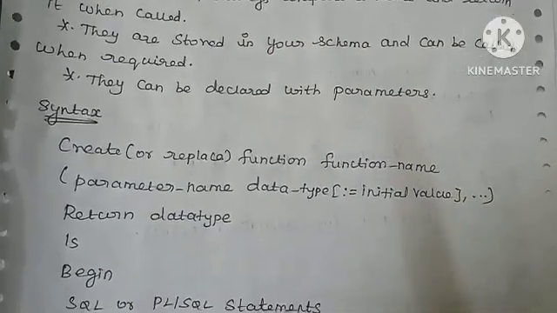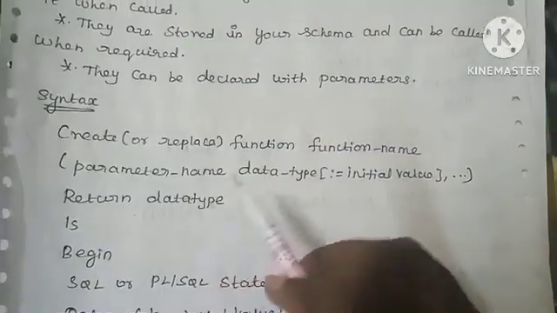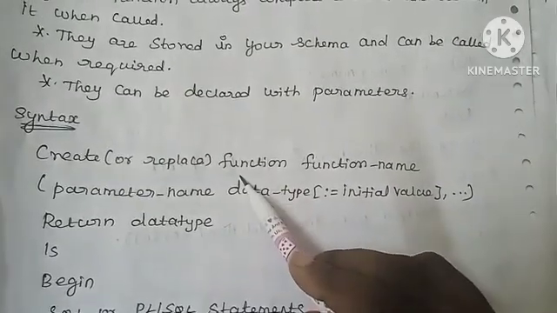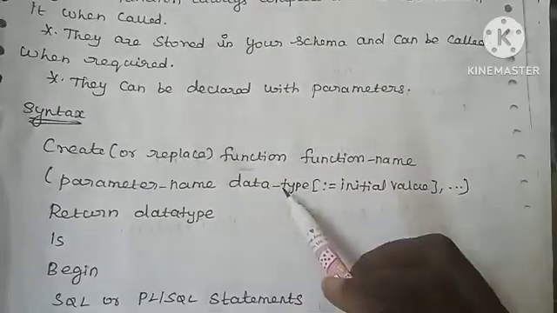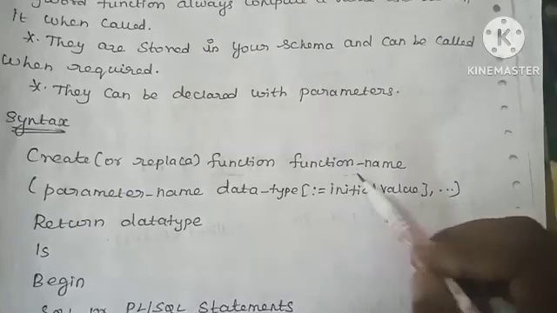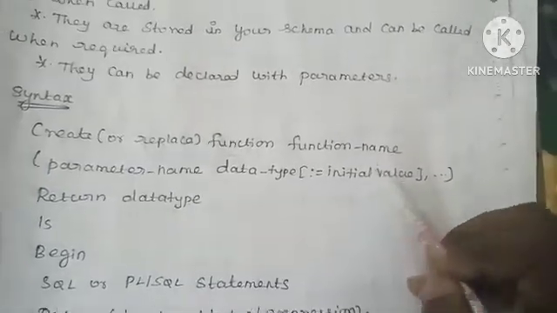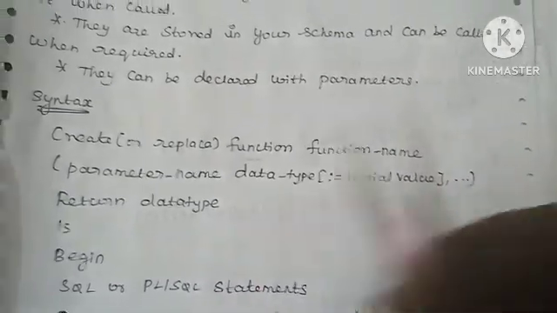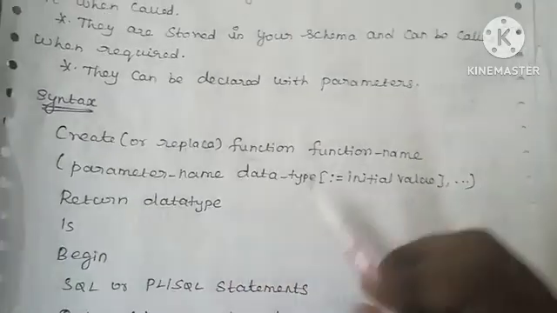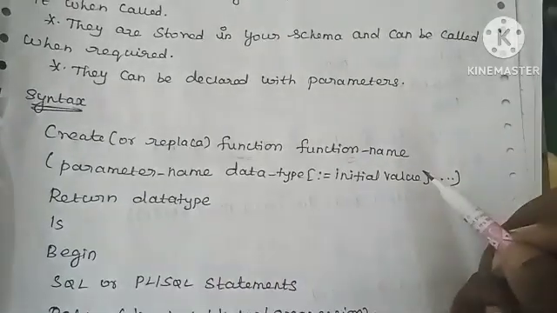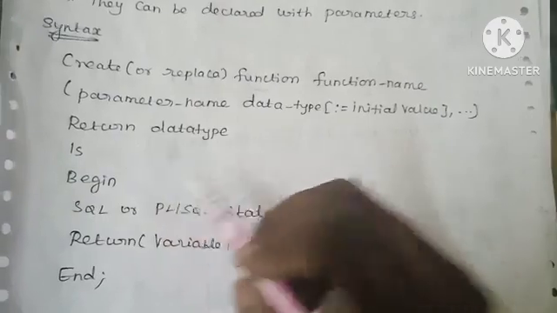The syntax for the function is CREATE OR REPLACE FUNCTION. FUNCTION is the keyword we must enter, and then the function name. As usual, the function name is a user-defined name, then parameter name, data type, and values, then RETURN data type.